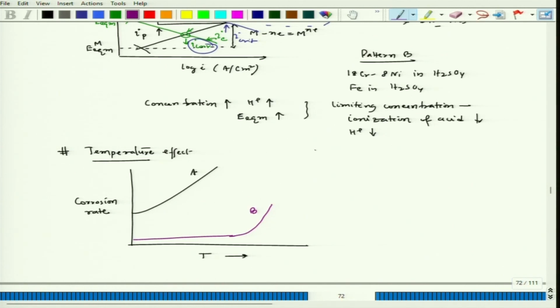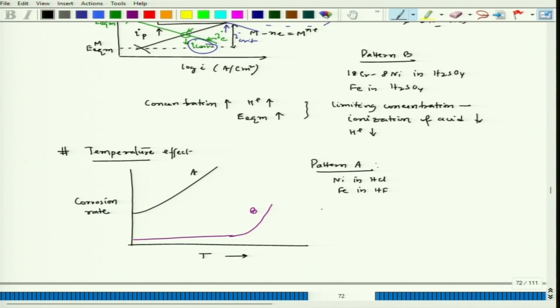So, pattern A, let us say we can have examples of pattern A. Mainly in case of active metals, this pattern A is very much observed, like nickel in HCl or iron in HF. Okay. There could be rapid corrosion in those solutions if we increase temperature.